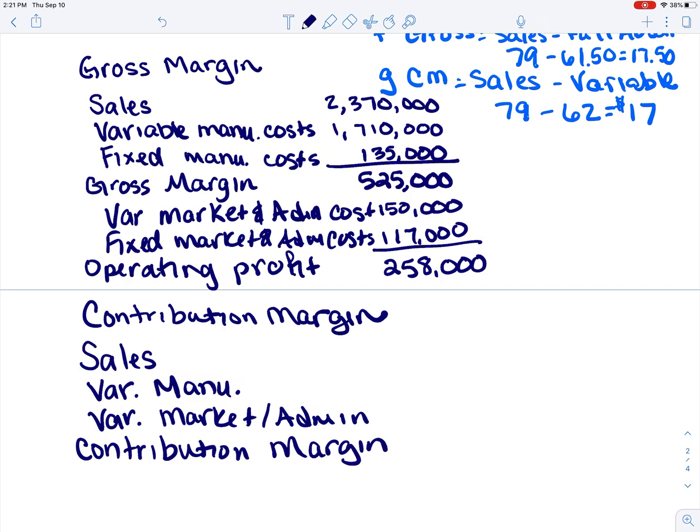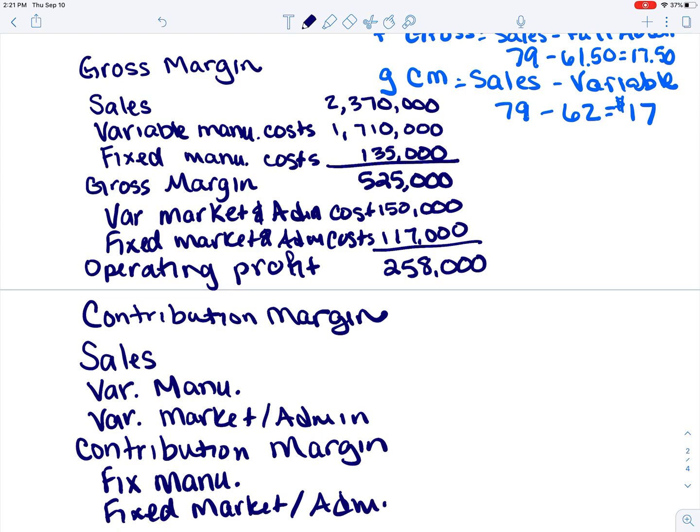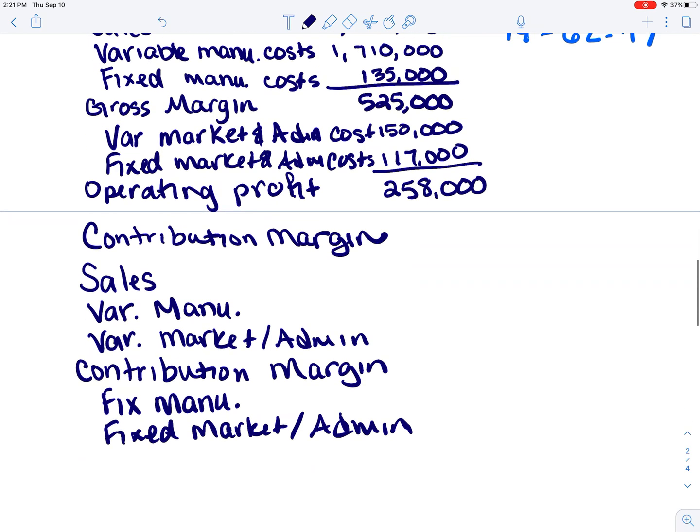Then I subtract out my fixed costs, which is our fixed manufacturing costs and our fixed marketing and admin cost. And that will give me my operating profit.